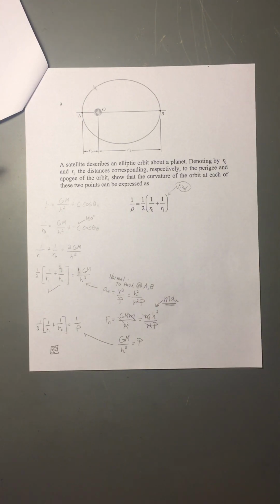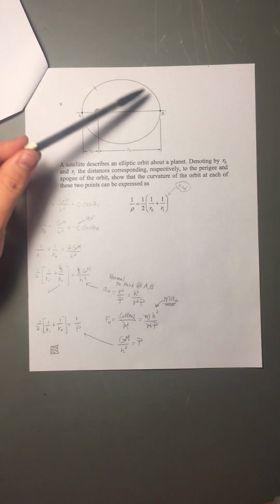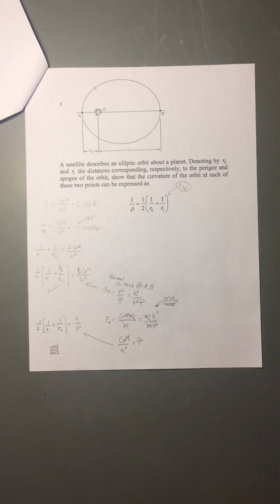And so looking at the problem, we know that this is an elliptical orbit. And so we start with this equation here for the radius 1 from the origin to B here. And we know what that equals. And then we can do a similar equation for the distance R0 here. And so I just replaced the A and the B, RA and RB with R1 and R0 from our equations.